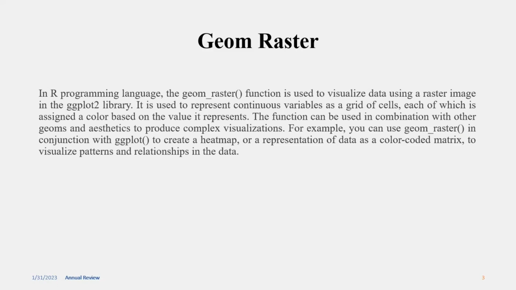The function can be used in combination with other geoms and aesthetics to produce complex visualizations. For example, you can use geom_raster in conjunction with ggplot to create a heat map or a representation of data as a color-coded matrix to visualize patterns and relationships in the data.